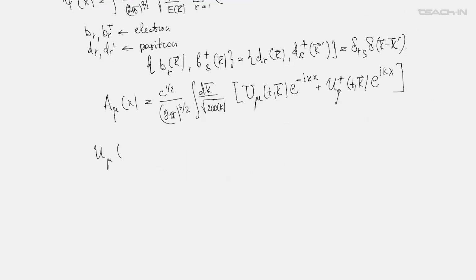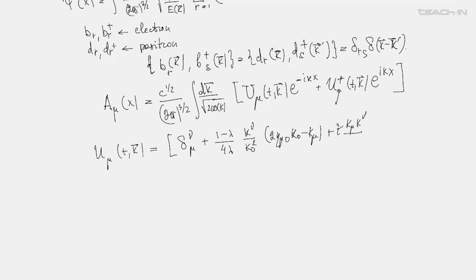Just to remind, this is delta nu mu plus (1 minus lambda) over 4 lambda, k nu k0 squared, 2 eta mu 0 k0 minus k mu, plus i k mu k nu divided by k0, (lambda minus 1), (lambda plus 1), x0, multiplied by the canonical field bind, which I denote by epsilon nu r, and then the annihilation operator a_r depending on k.